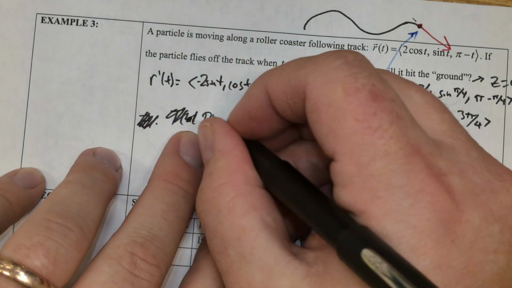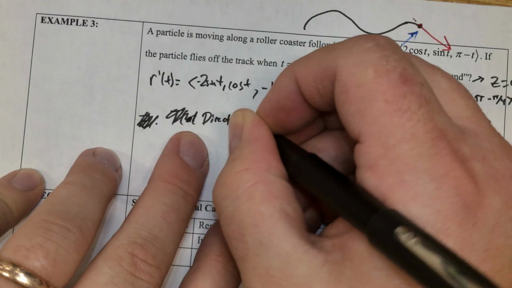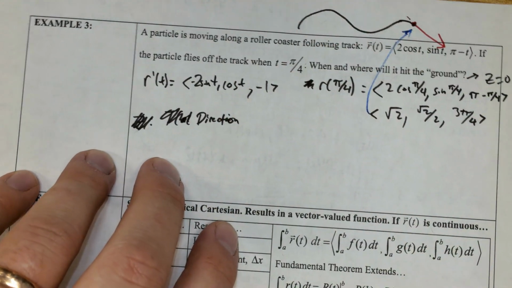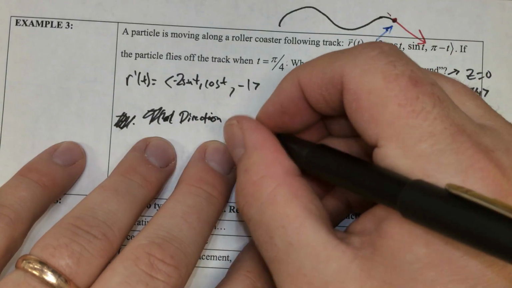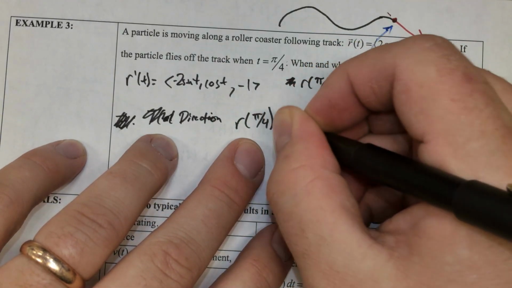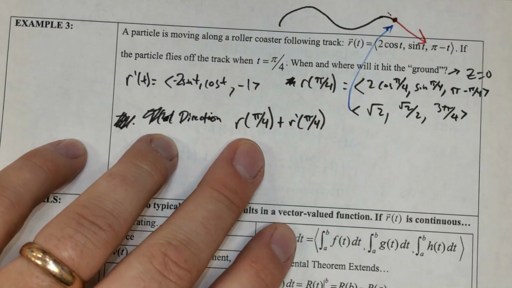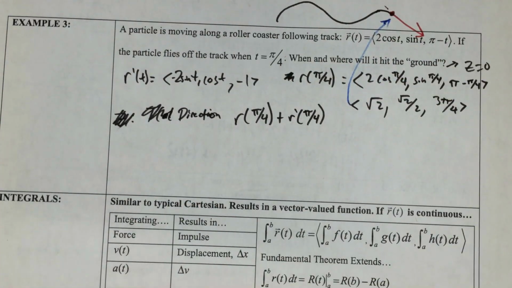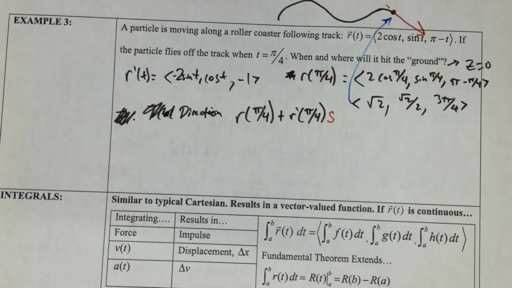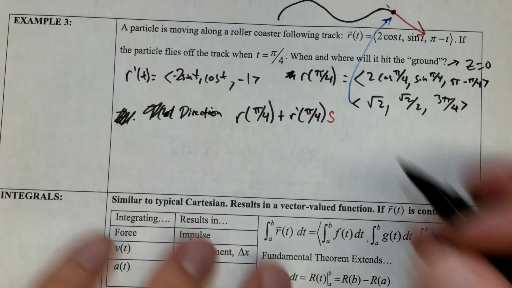That direction vector, that tangent vector, I'm not going to quite call it t, is going to be that location r of pi over 4 plus r prime of pi over 4 times my parameter, which in this case, again, I'll plug in something like s to make sure I'm not duplicating.